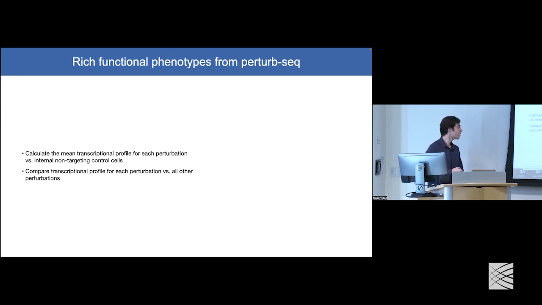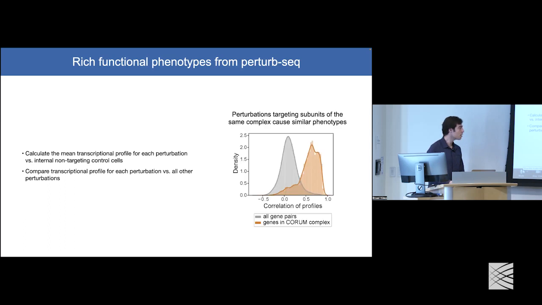And then we compared the transcriptional profile for each perturbation versus the transcriptional profile for all other perturbations. One very quick benchmark of this was to take a look at perturbations whose target genes are both subunits in a gold standard quaternary structure protein complex.